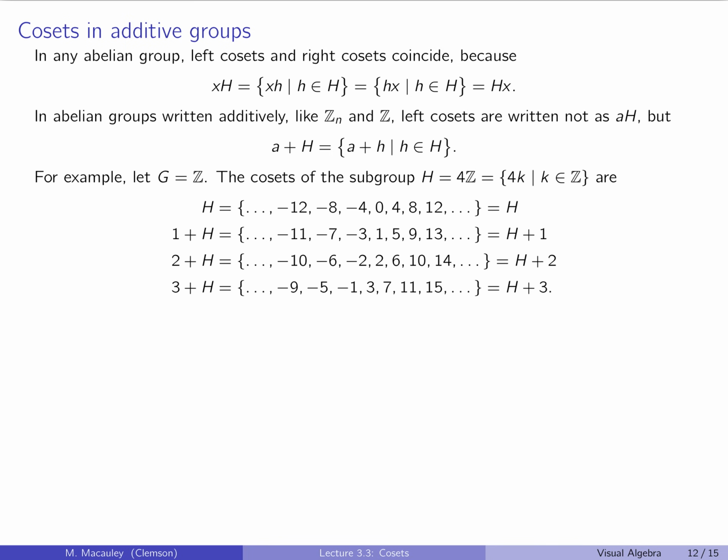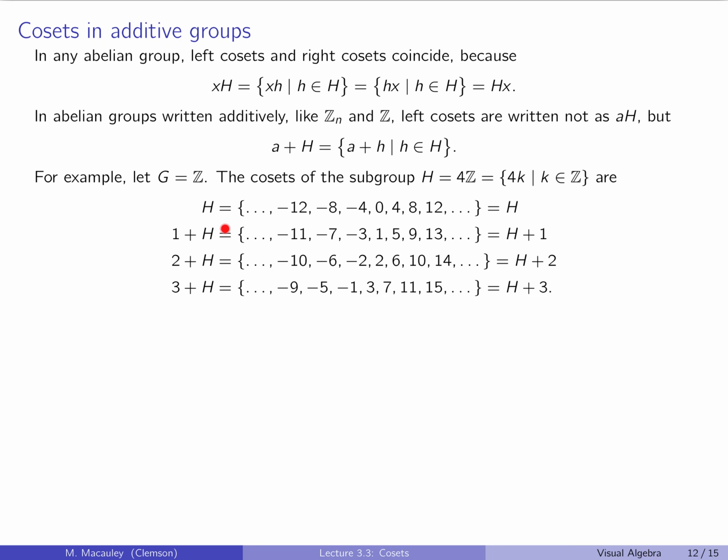Let's do an example. If G is the group of integers, then the cosets of the subgroup H equals 4Z, that is the multiples of 4, are the following. There's H, the multiples of 4. There's 1 plus H. Those are the numbers that are congruent to 1 mod 4. And then there's 2 plus H and 3 plus H, respectively.